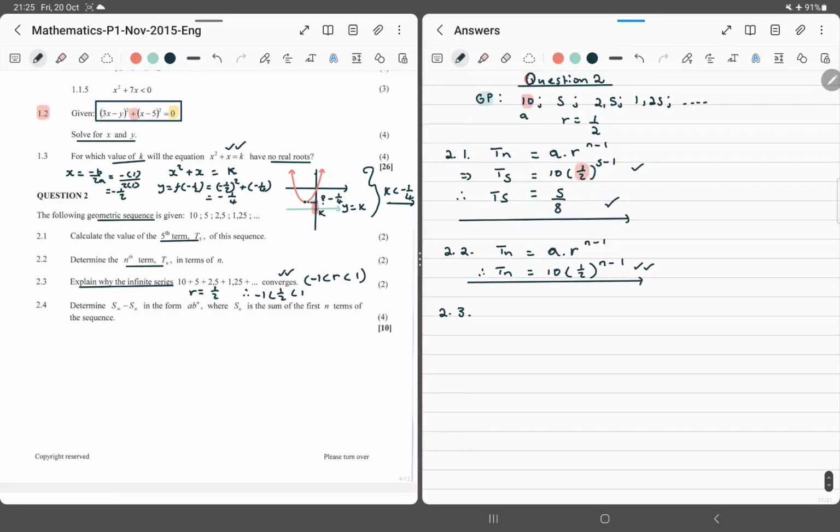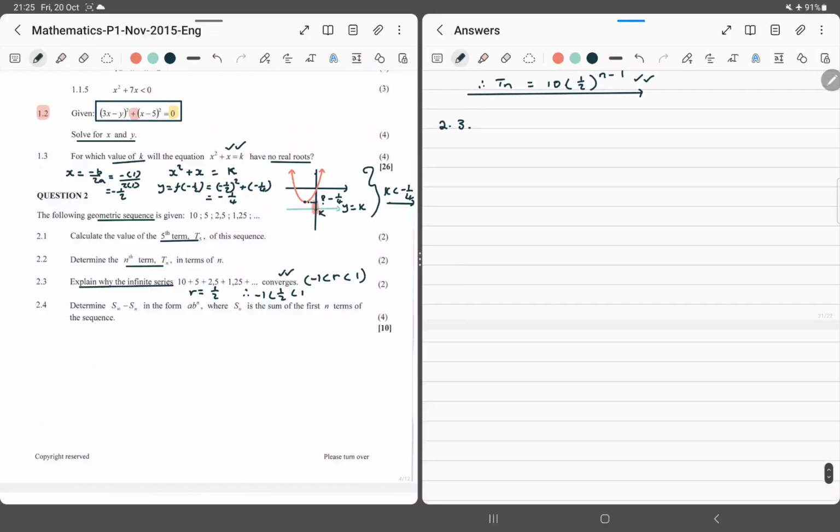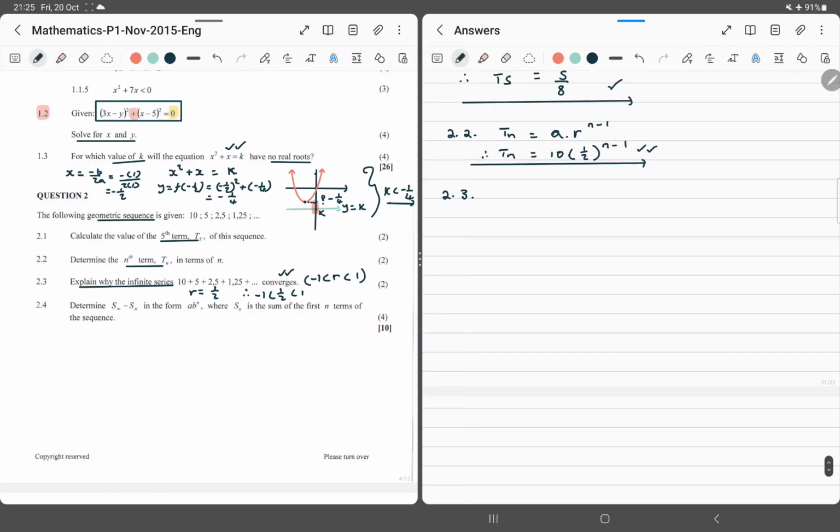We can say, a series converges. A geometric, it's always a geometric series. A geometric series converges when r is less than 1, greater than minus 1.